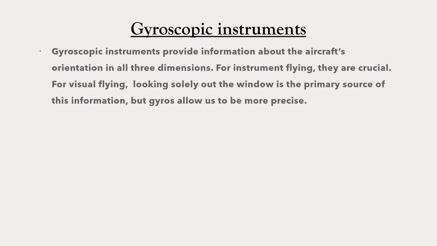So gyroscopic instruments. Our gliders in our training fleet at Sandhill don't have gyroscopic instruments in them. So what you're learning here, you won't see when you get in the training gliders. The purpose of the gyroscopic instruments is to provide information about your orientation in all three dimensions.